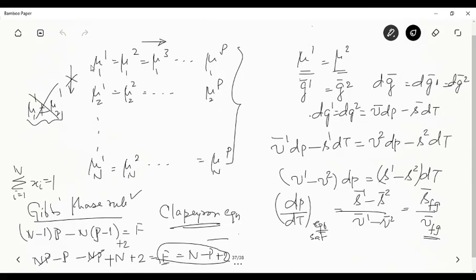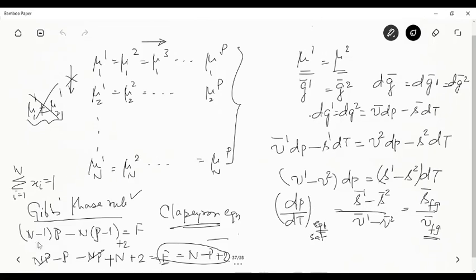Similarly, there are n minus 1 into p variables, because there are n minus 1 components that are independent of each other. The nth component is obtained by subtracting the summation of the mole fractions of the others from 1.